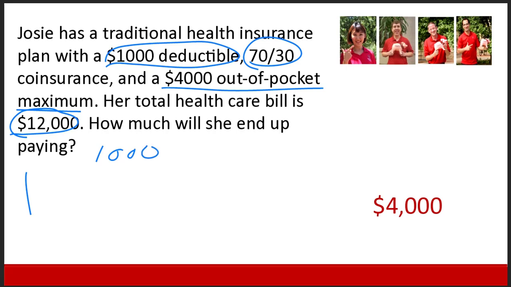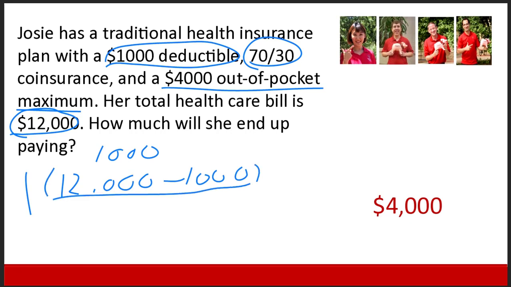And then the rest of her bill, which is the 12,000 minus the 1,000 deductible, will go to the co-insurance calculation, which means Josie will pay only 30% of this amount. So the difference multiplied by 30%.